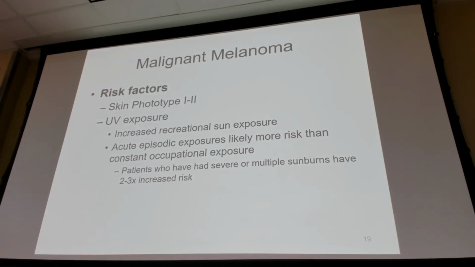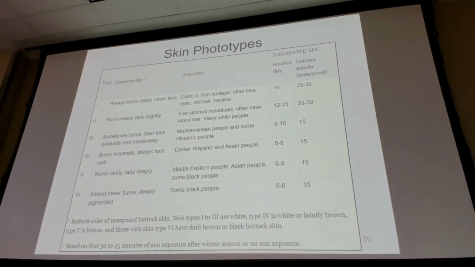So what is their job? What is their recreational sun exposure? What could be making that a higher risk? There are those phototypes that y'all are all experts on. So 1 and 2, great risk. 5 and 6 at the bottom, not as likely.